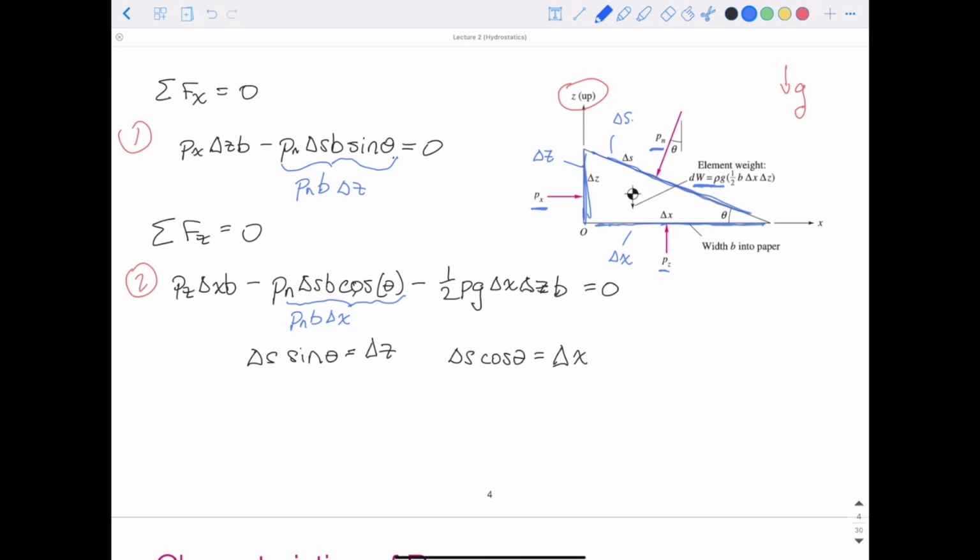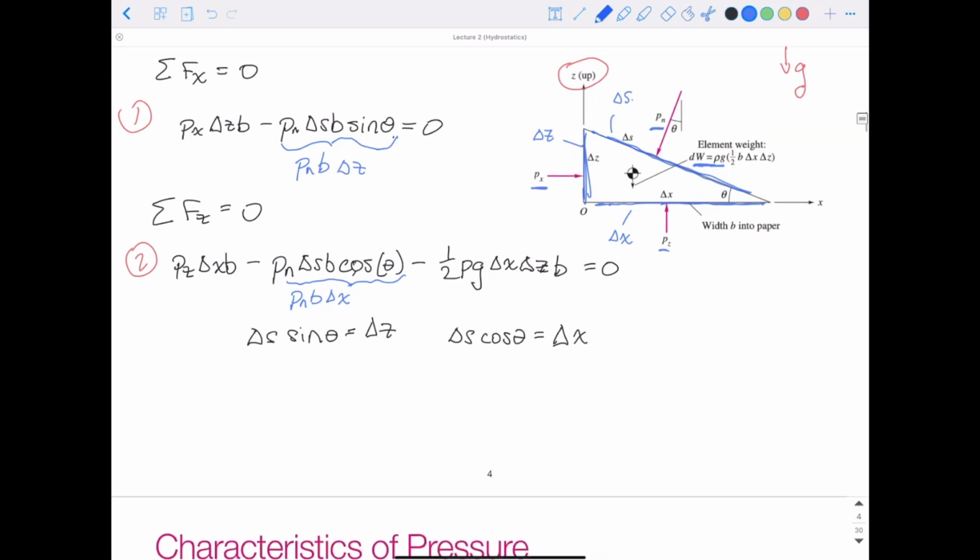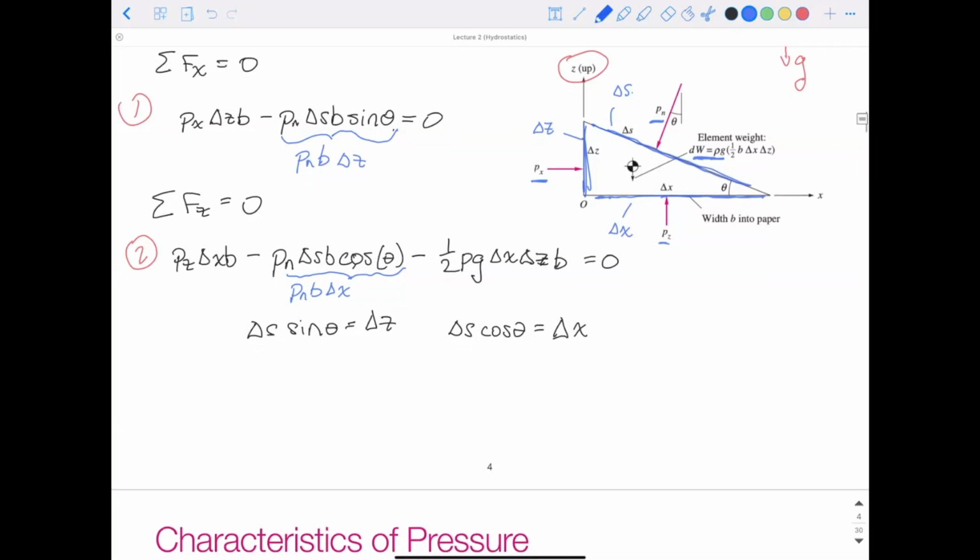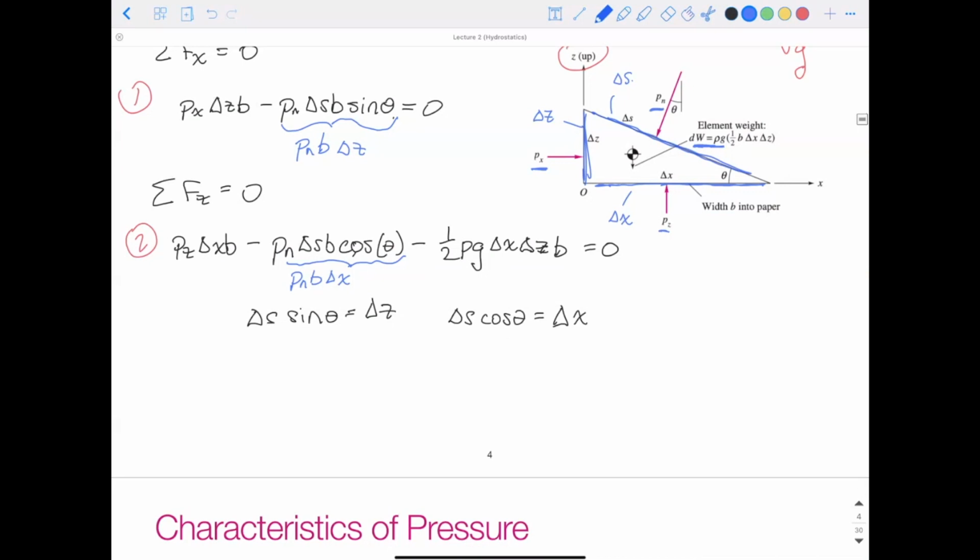So what we're trying to do now is basically rearrange and find the relationships between our Px's and Pn's. So if we use equation 1, we can see that we have Px delta Z B minus Pn delta Z B is equal to 0. So those delta Z B components, we can divide both sides by delta Z times B, and we'll end up with equation 1 simplifying to just Px is equal to Pn.